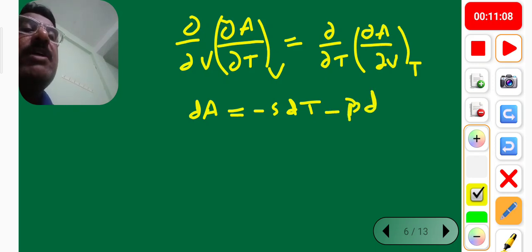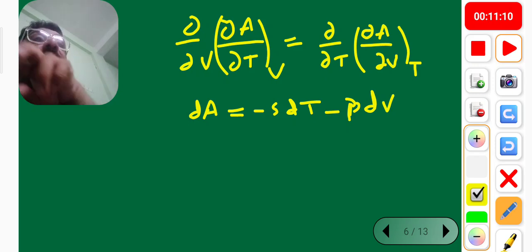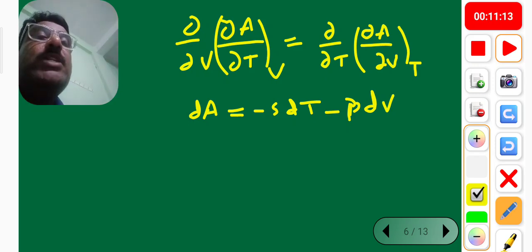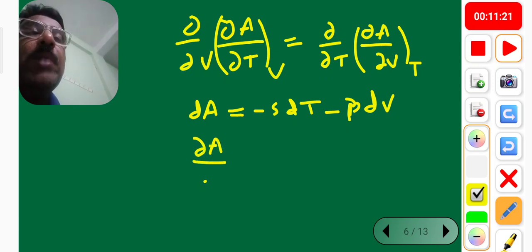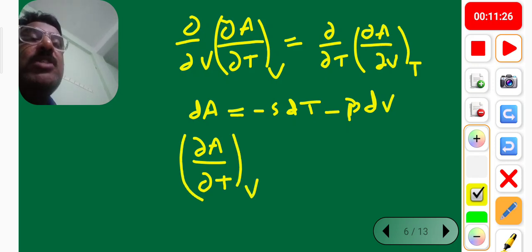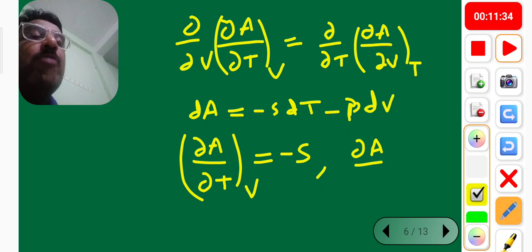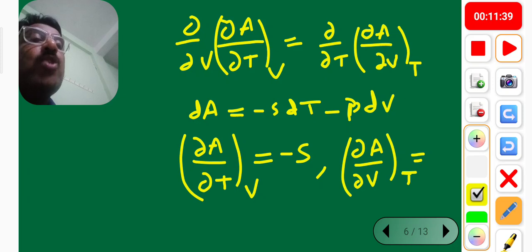You can see that dou A by dou T at constant volume is minus S. And what is dou A by dou V? Dou A by dou V at constant temperature is nothing but minus P.